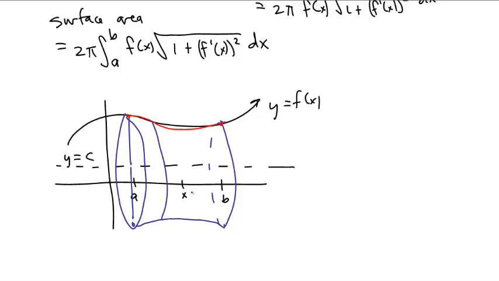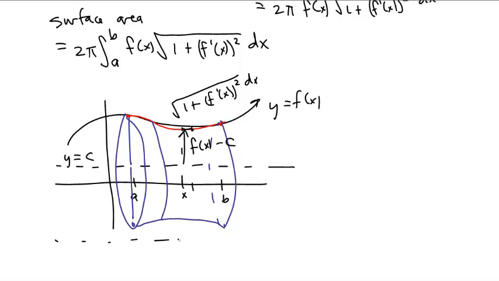If we take an interval x and we look at just this piece, again, that arc length is going to be exactly the same. It's still going to be the square root of 1 plus f prime of x squared dx. But now our radius here, in this case, is going to be f of x minus c.